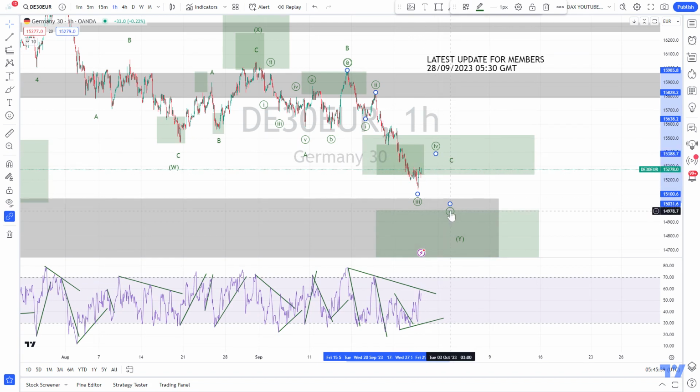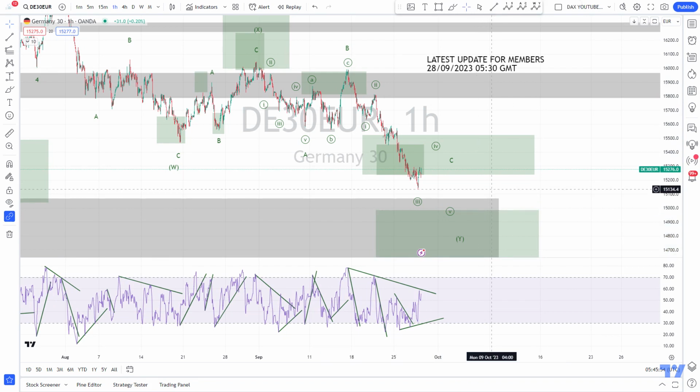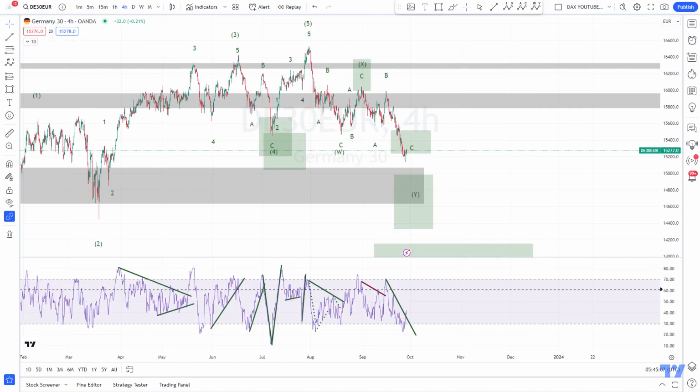And if we then have this final push down here as a wave five, we will get quite close to this area. Buyers will step in here on the 4 hour. That would mean that we have here a low in price, and here divergence in RSI.